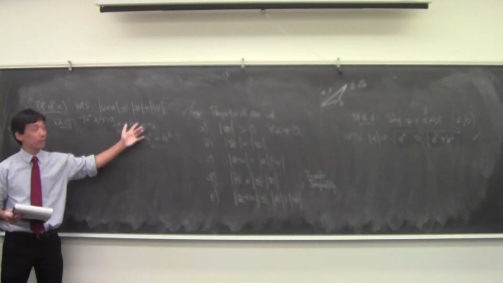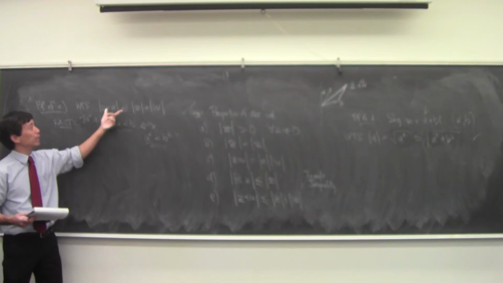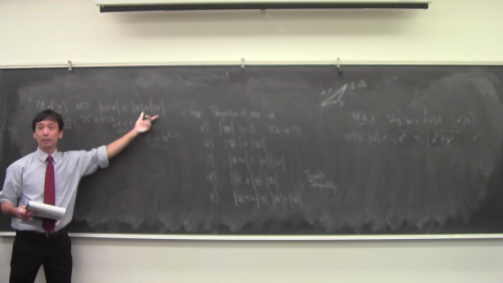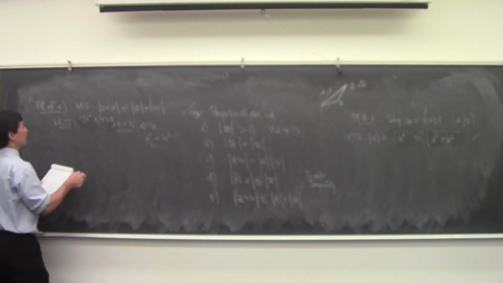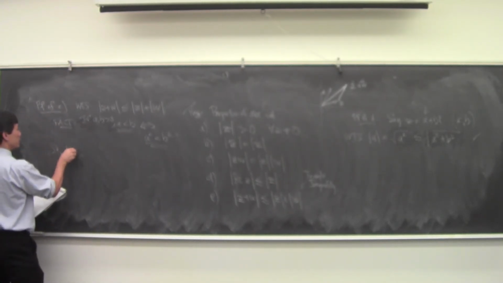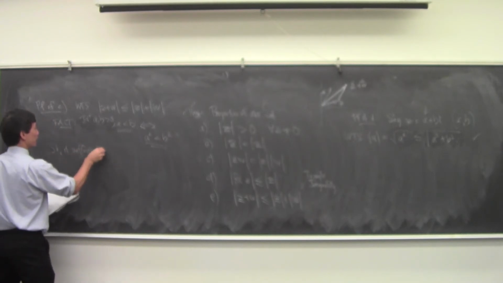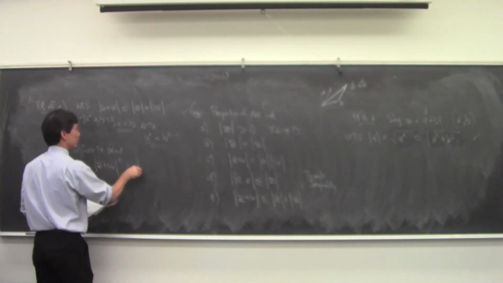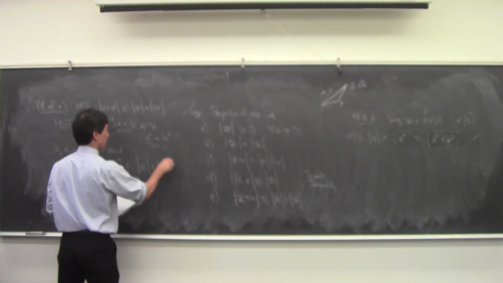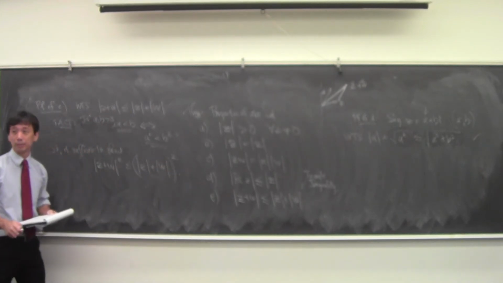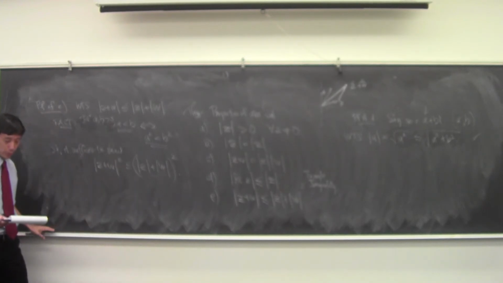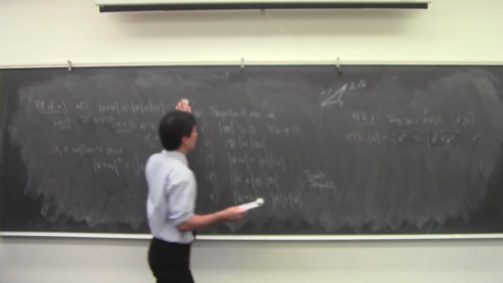So this says that if we want to show that this is less than that, we can show that the square of this is less than the square of that. So it suffices to show that the square of the left side is less than or equal to the square of the right side. Okay, so this is a pretty usual trick. Okay, so let's do it.